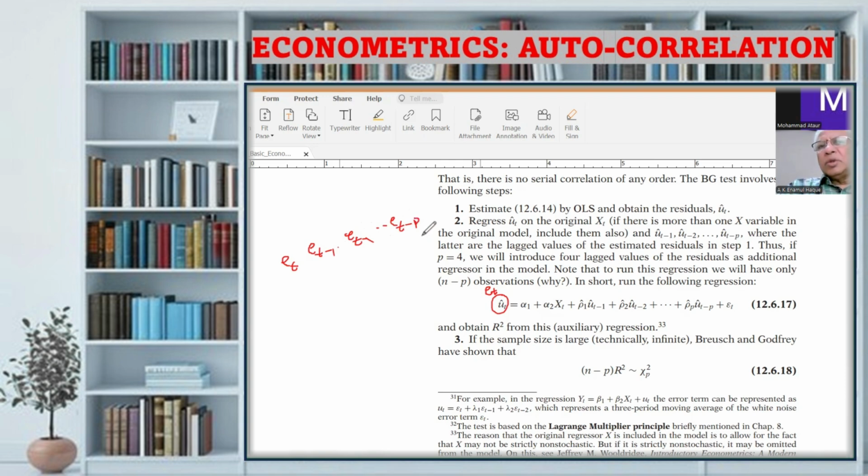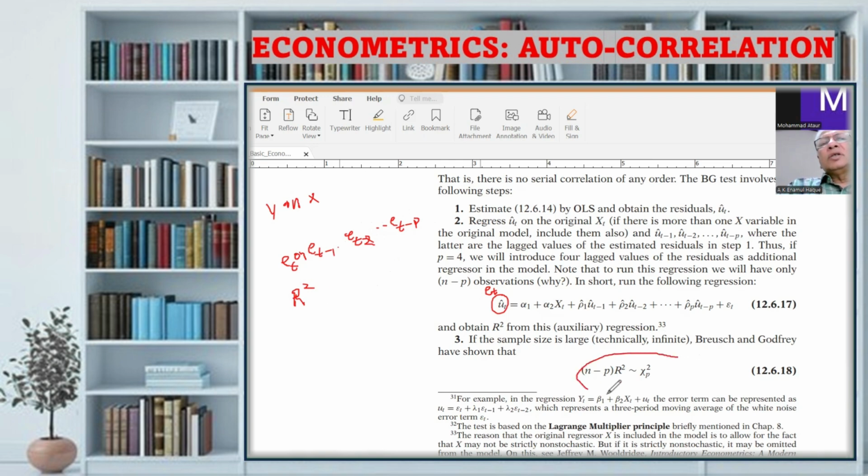But you have to be an economist; you should know what the relationship is. So you do this and find the R square. Remember, this is my second model. The first model means I run my Y on X, then I run Et on these lags. This is my second model.